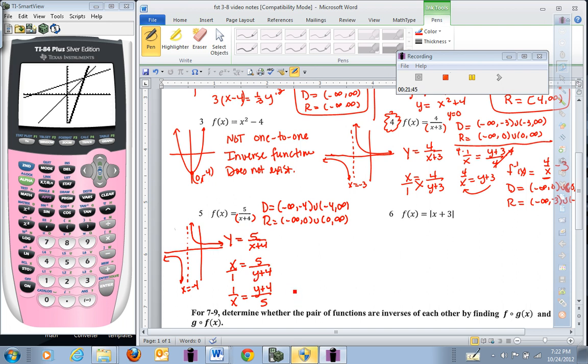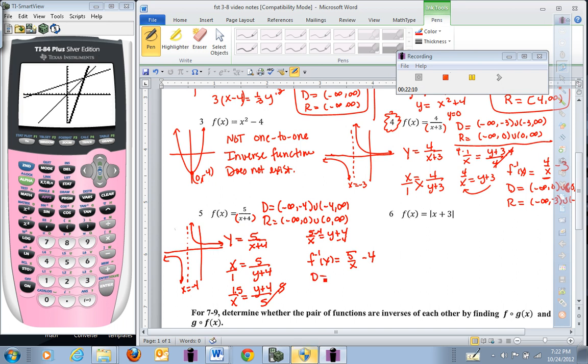The next step will be to multiply both sides by 5. That'll give you 5 over x equals y plus 4, and then we'll subtract 4 from both sides. So we're going to have f inverse of x is equal to 5 over x minus 4.